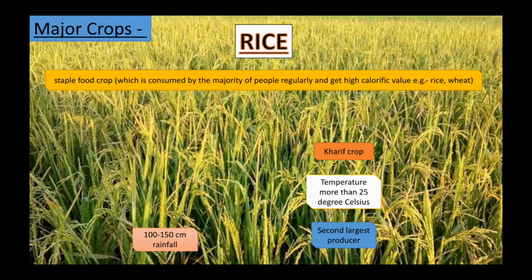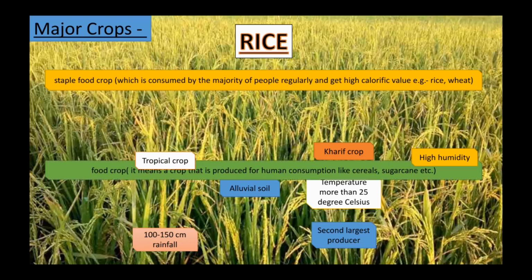It also requires a high temperature of more than 25 degrees Celsius along with high humidity. It grows well in alluvial deltaic soil. It is a tropical crop, grows well in wet monsoon lands.